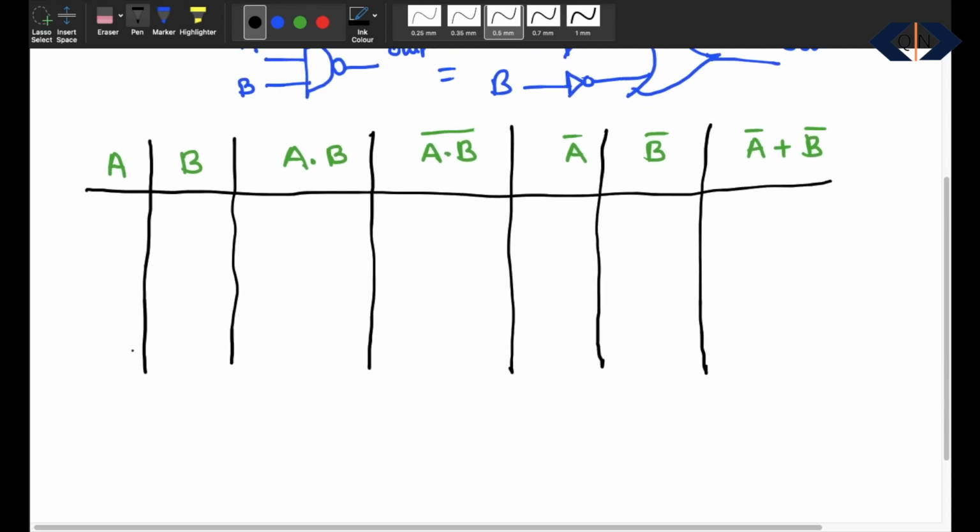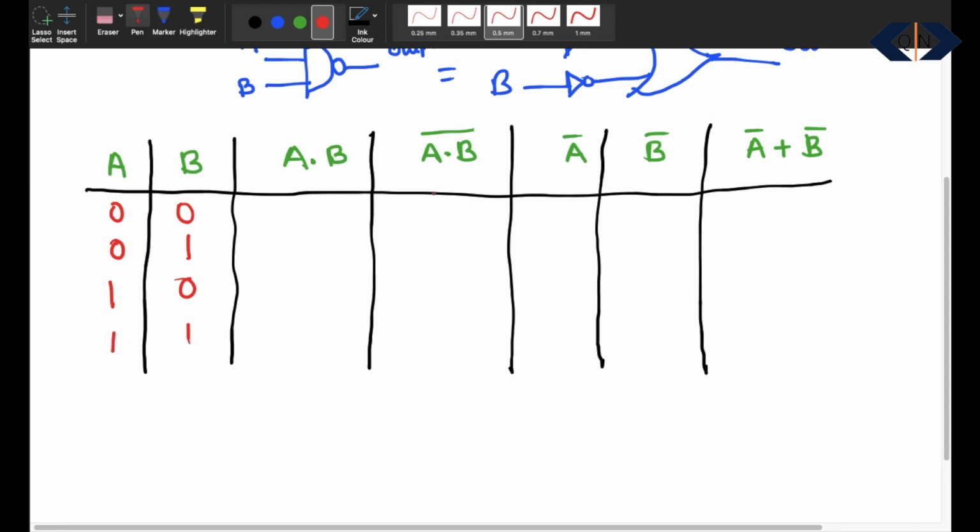First I will write all the possible combinations. Since we have two inputs, 0 0, 0 1, 1 0 and 1 1.